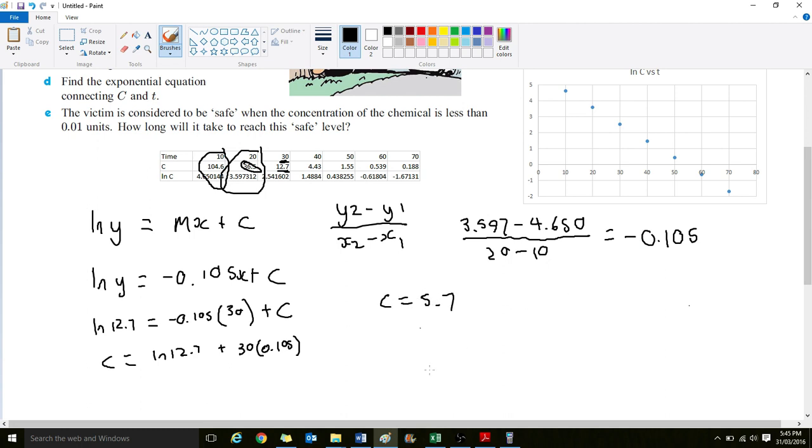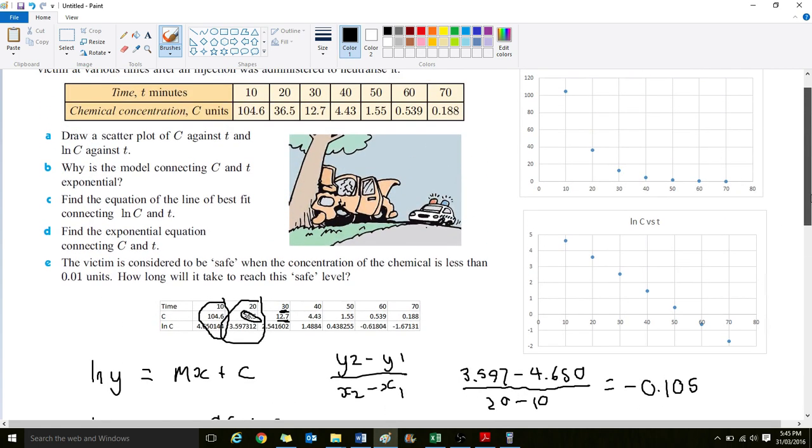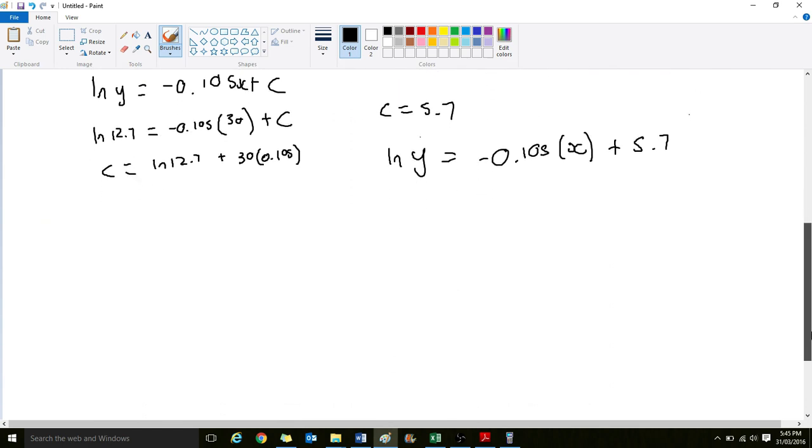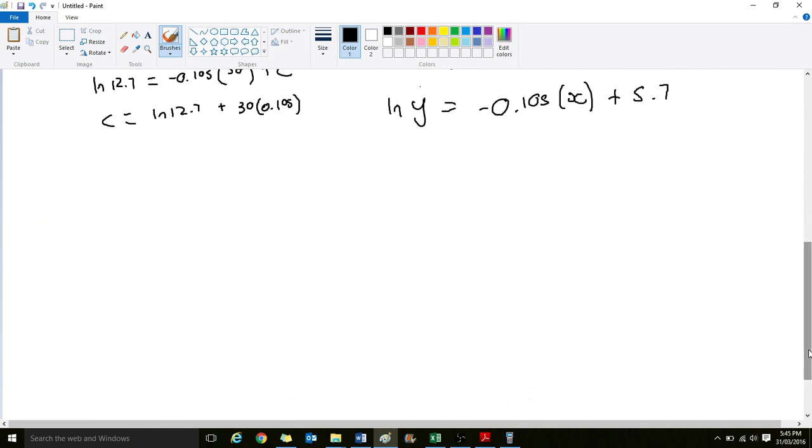So now we have this equation here. Ln y equals minus 0.105 times t, or x, plus 5.7. And this is what we use for part D, where it says to find the exponential equation connecting c and t. And the way we do that is by using our laws of logarithms.